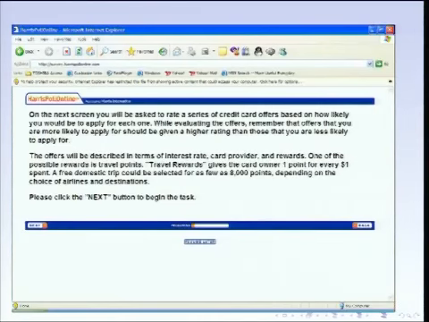This, which I imagine you cannot read at the back, is the introduction, telling them what the study is about, and also down here it's telling them what we mean by travel awards. It gives the card owner 1 point for every $1 spent, and a free domestic trip could be selected for as few as 8,000 points, depending on where you're going and who you're flying with.